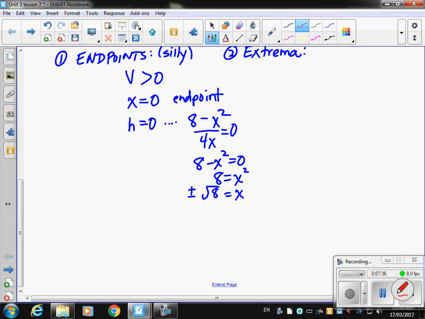Negative root 8 doesn't make any sense. So I have two endpoints to consider: my volume when x is 0, and my volume when x is the square root of 8.